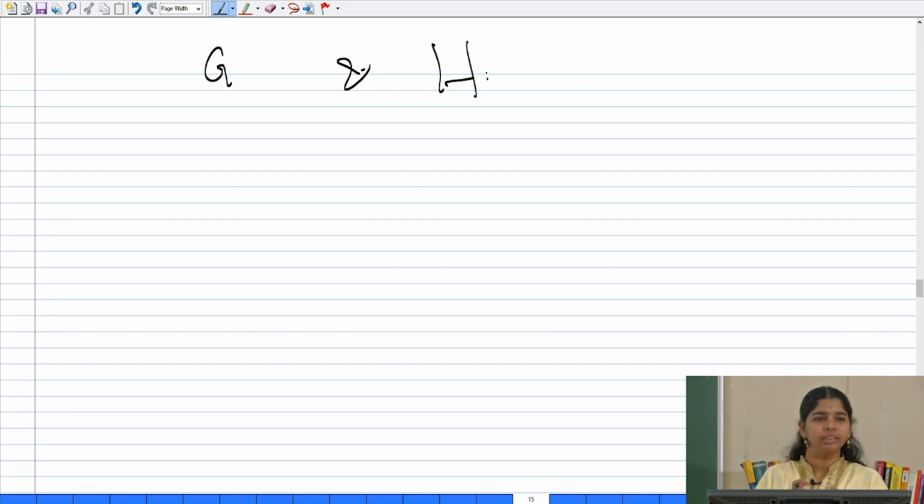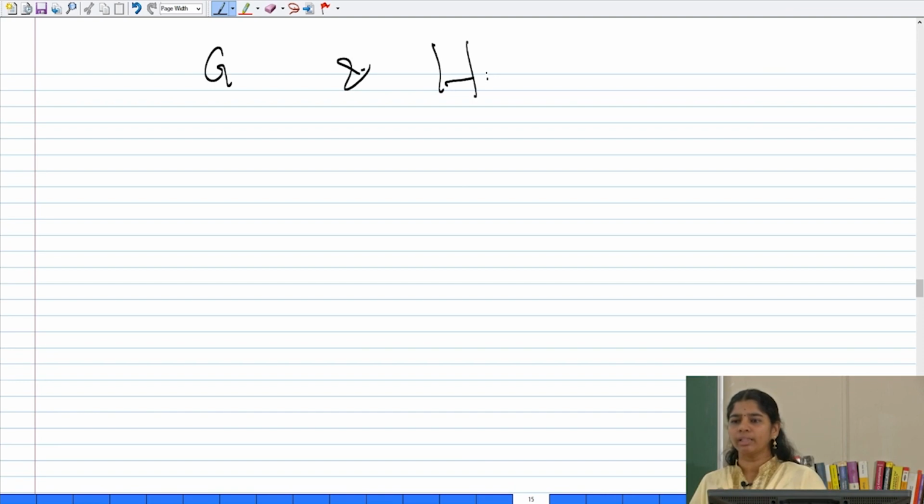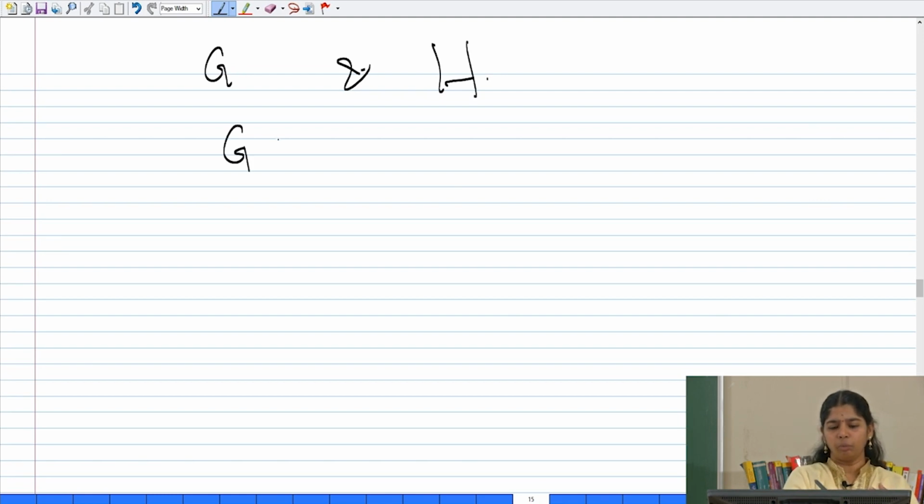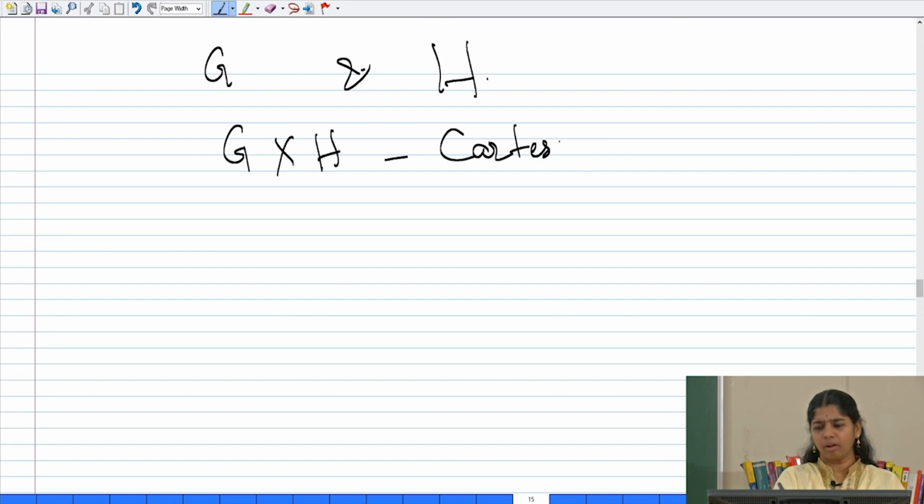There are various methods using products. Usually you have seen the sum of two graphs, the union of two graphs, sum and join, all those things. One other possible operation that you could do with graphs is product, right. The one product is called the Cartesian product. There is a lot of study in this field also.